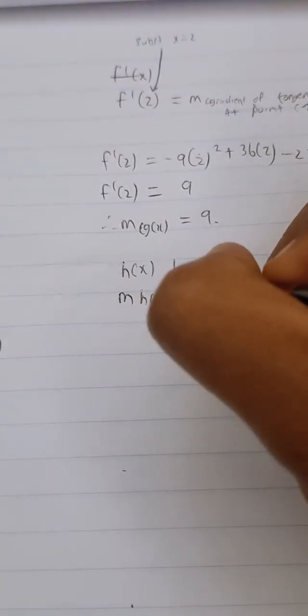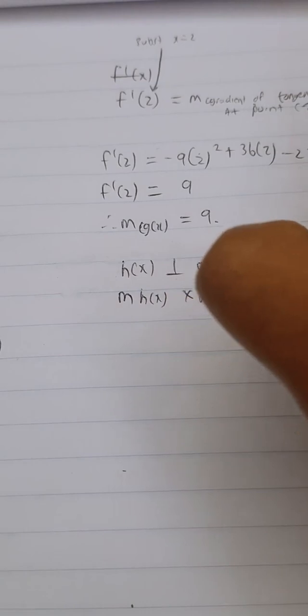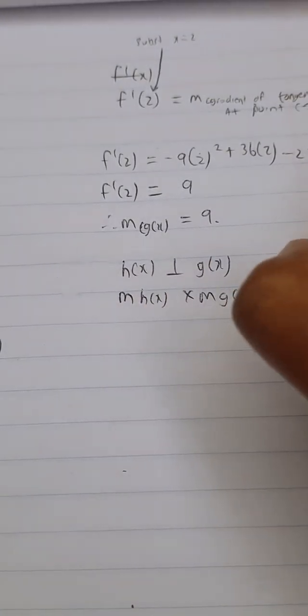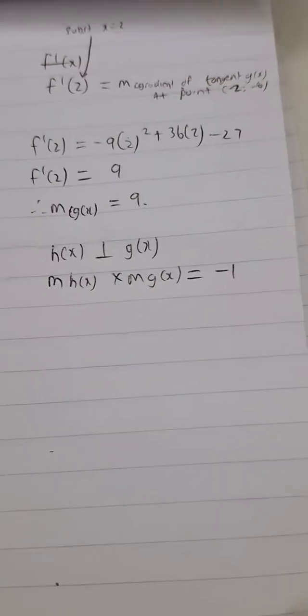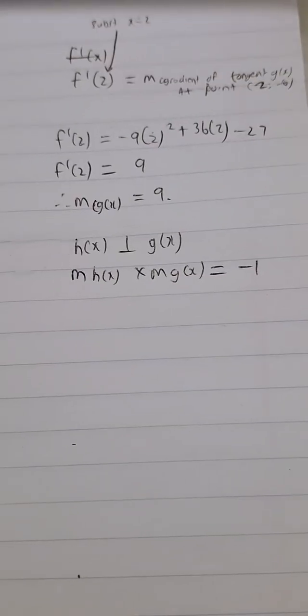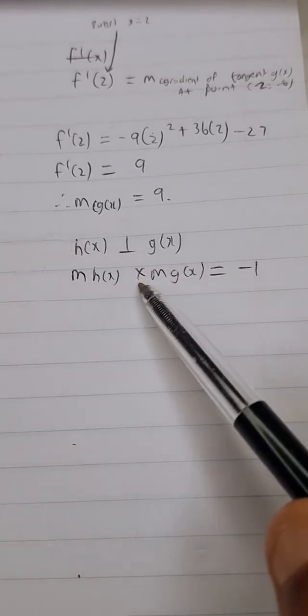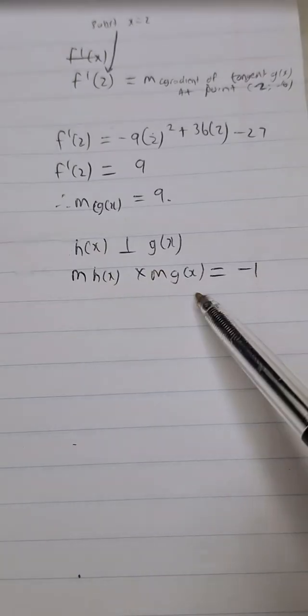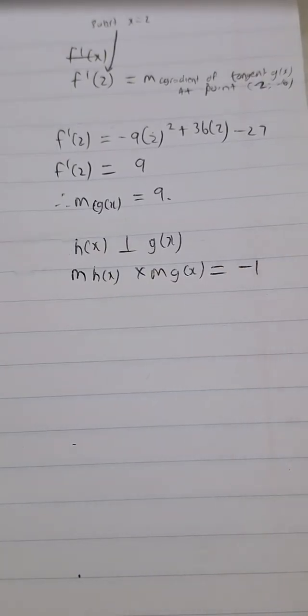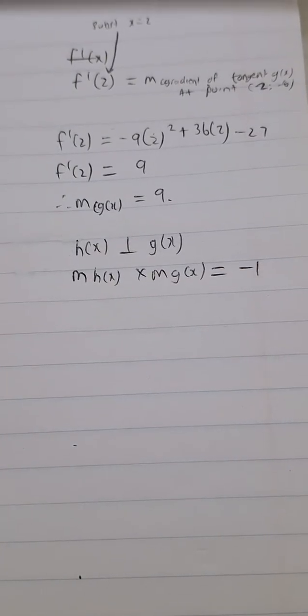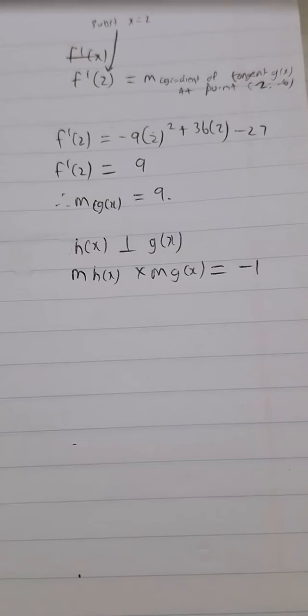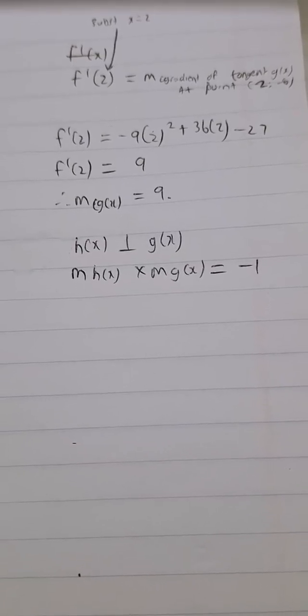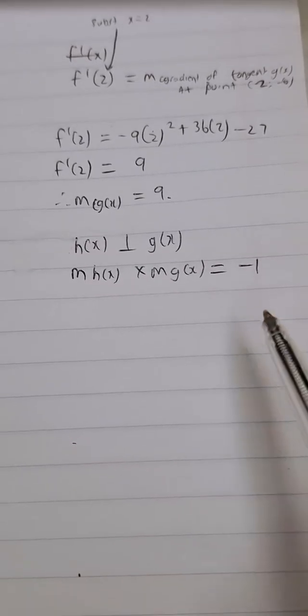of the gradient of g of x and h of x should give us what? Negative 1. Perpendicular lines, guys, have a product of the two gradients which gives you negative 1. This is something you learned in grade 10. In actual fact, you learned it in grade 9 when you did straight line functions.